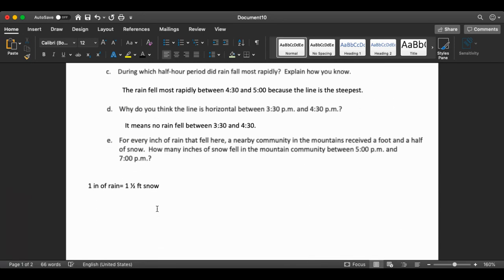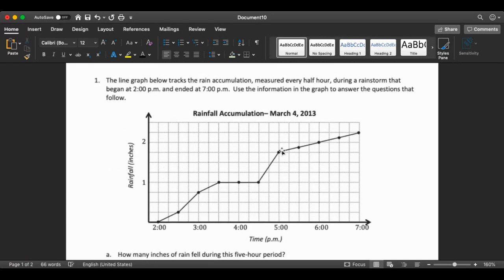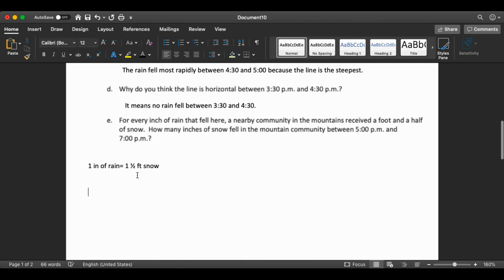Okay, so let's figure out how we can do this. First, you have to figure out what is that total amount of rainfall between 5 and 7. I just told you 5 o'clock is 1 3/4, and 7 o'clock is 2 1/4. So that total amount of rainfall is 1/2 inch, right?